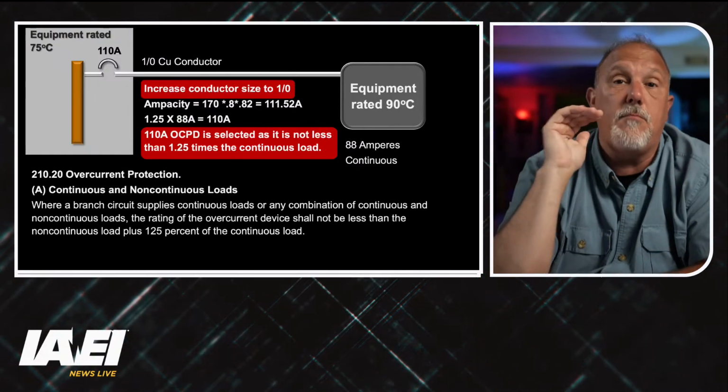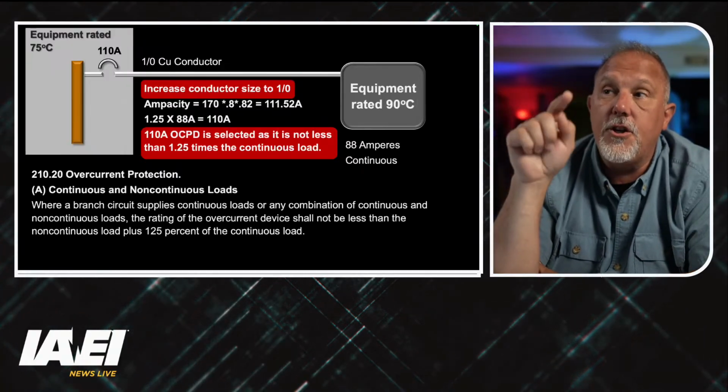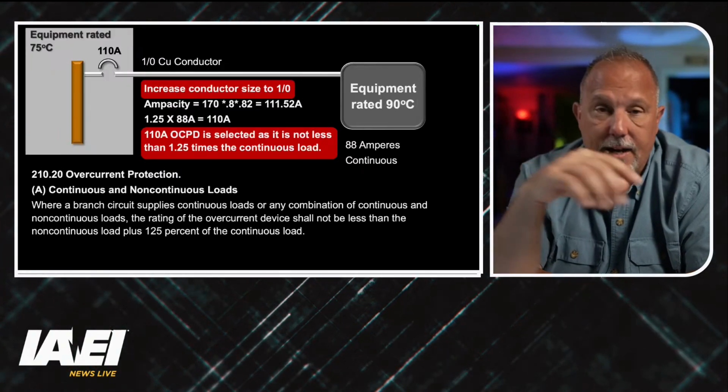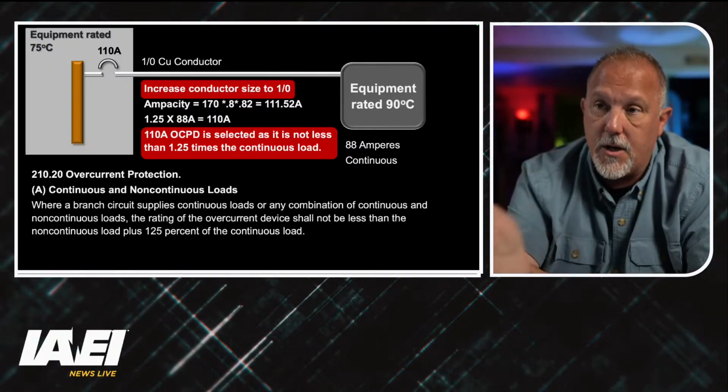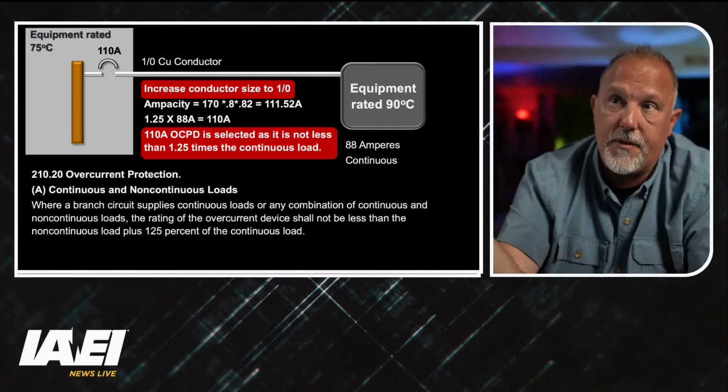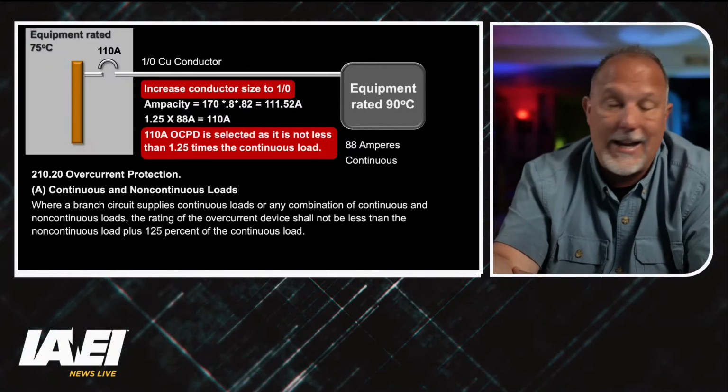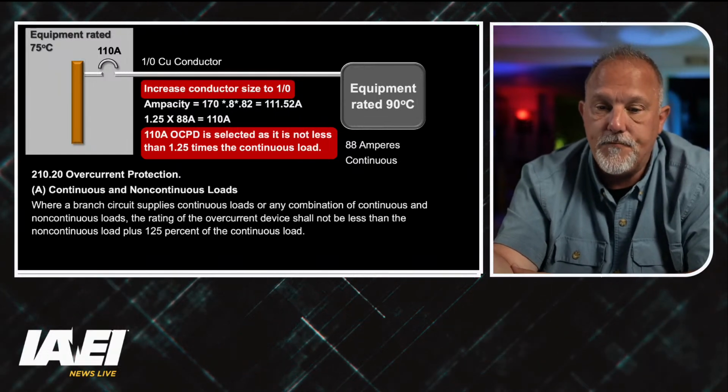I would say that's the smallest breaker. I could go to the next larger, but I wouldn't do that from a cost perspective. I would stick with a 110 amp breaker because I've only got 88 amps of load.